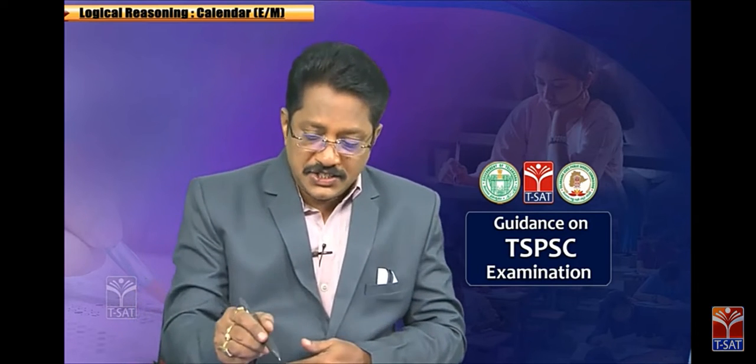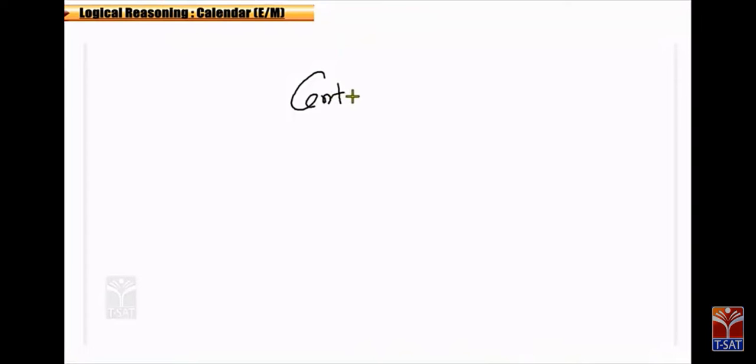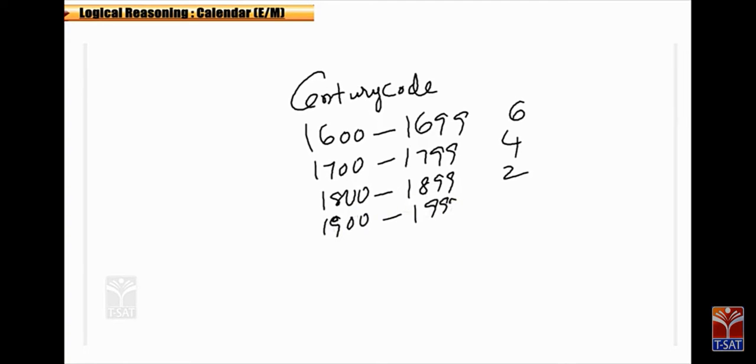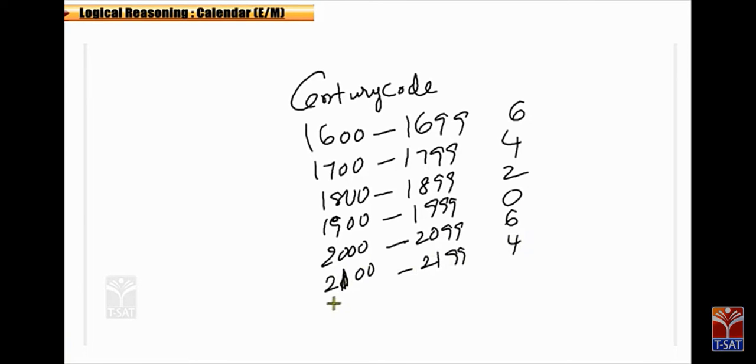The first one is the century code. Here 1600 to 1699, the 17th century, is 6. 1700 to 1799 is 4. 1800 to 1899 is 2. 1900 to 1999 is 0. 2000 to 2099 is 6. 2100 to 2199 is 4. 2200 to 2299 is 2.